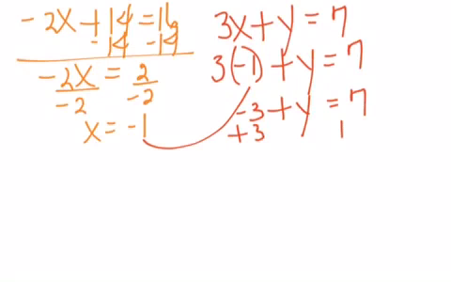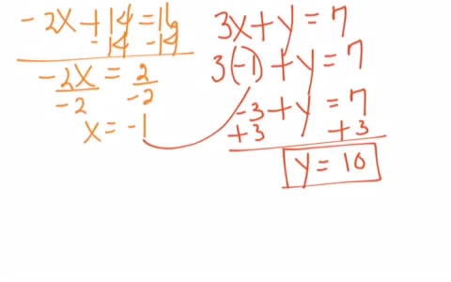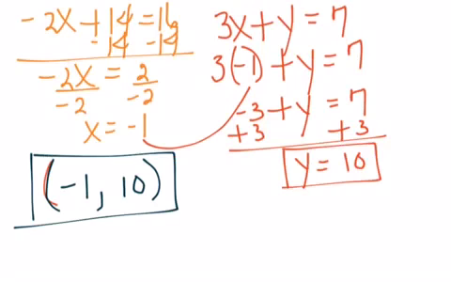Add 3 to both sides, so y equals 10. You should write your answer as an ordered pair, so this answer would be negative 1, comma, 10. With the x, then the y. You can substitute that back into both equations to verify that it is the correct answer.